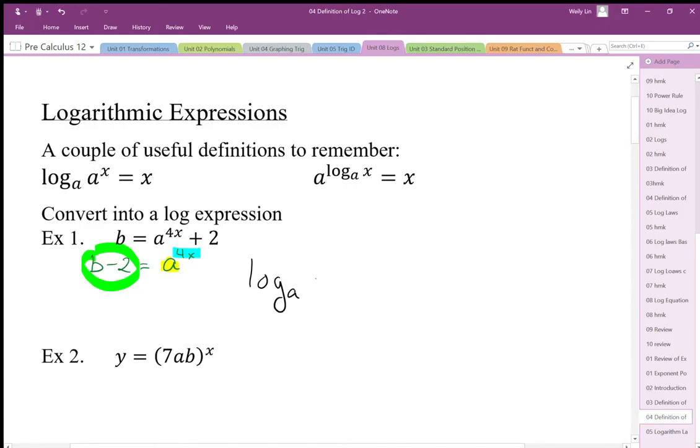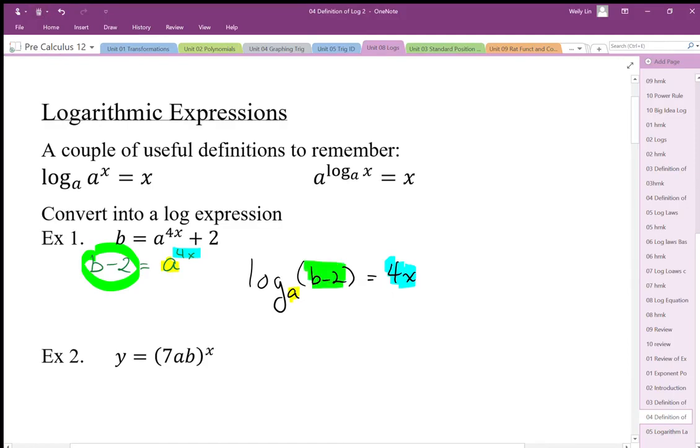The argument is going to be b minus 2, the whole thing, and that's going to equal 4x. So there's again my base, my exponent, which is my answer, and I have my argument inside the log.